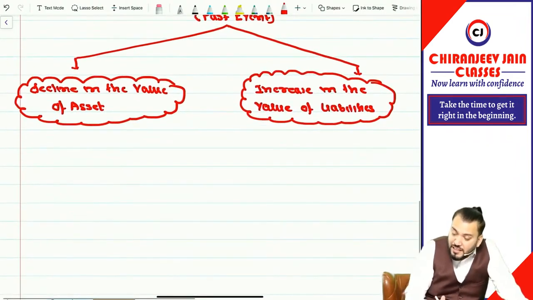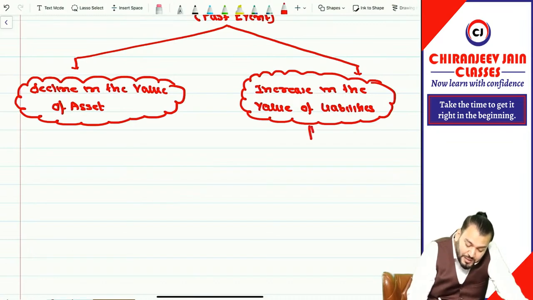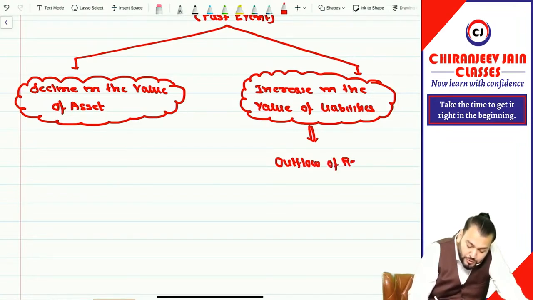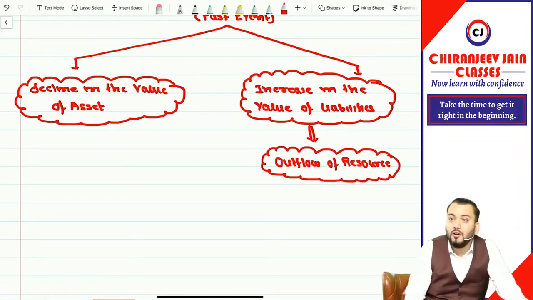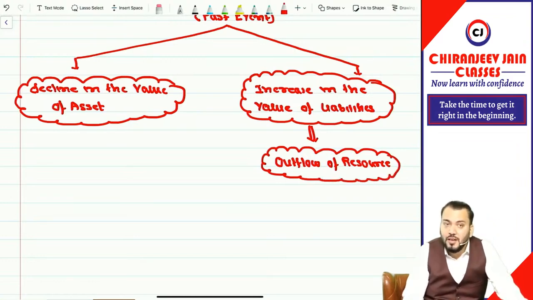Can you see, when I am saying increase in the value of liabilities, it means there is some outflow of resource. Outflow of resource. Have you understood?